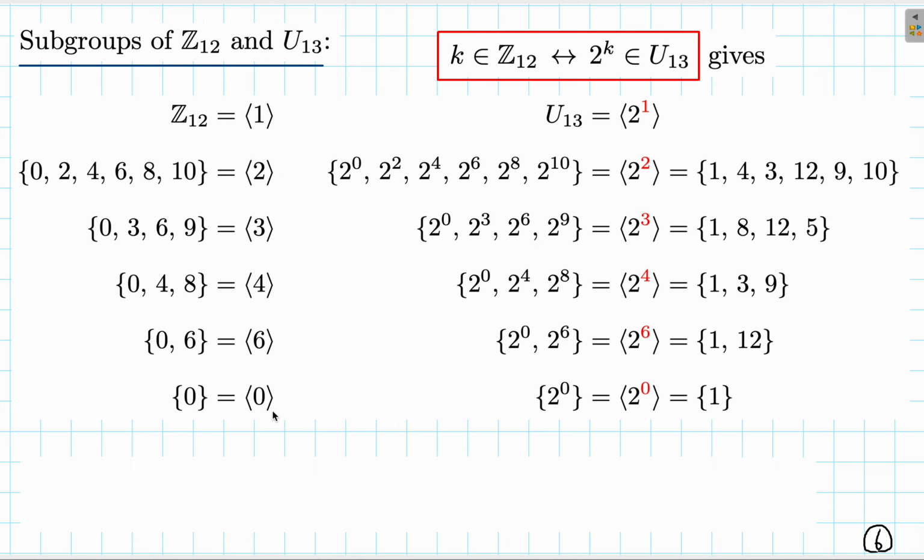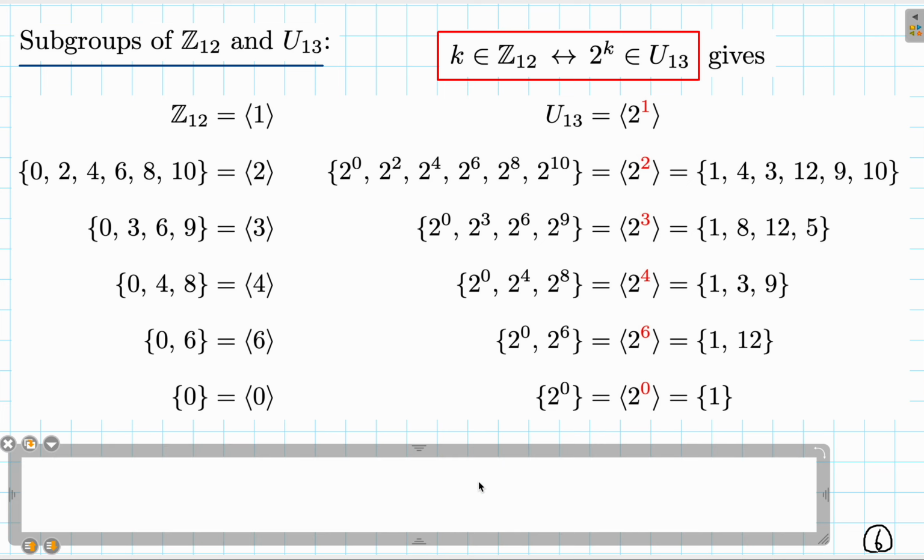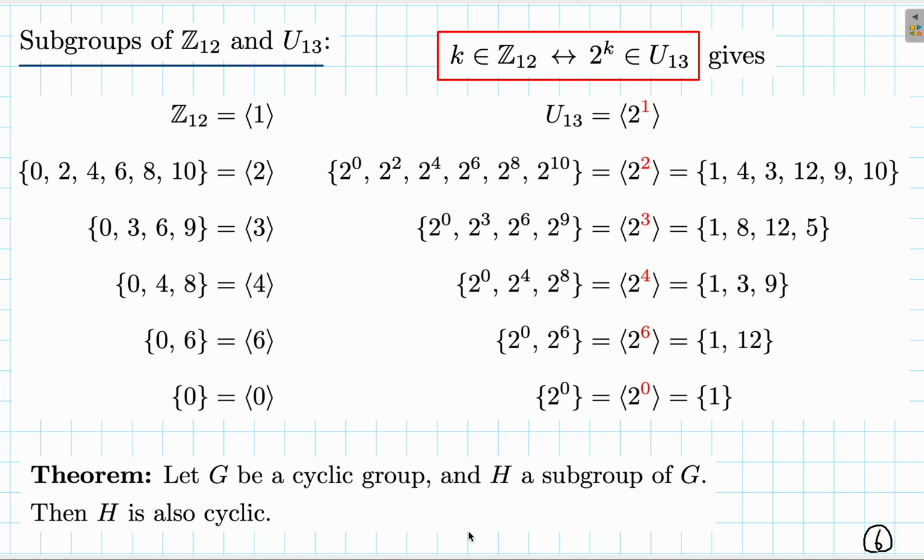And here's another thing that I like to highlight. All of these subgroups are themselves cyclic, generated by a single element. And here's a theorem. For the proof, please take a look at the chapter 14 reading. The theorem states that if G is a cyclic group and H is a subgroup of G, then H is also cyclic.